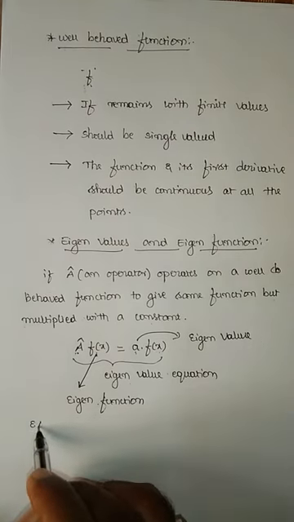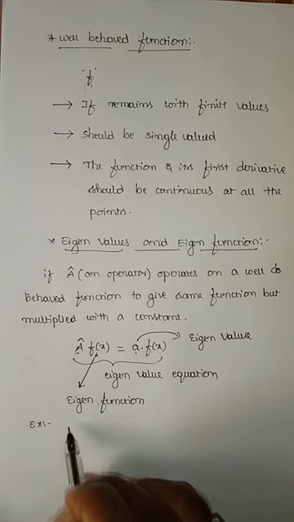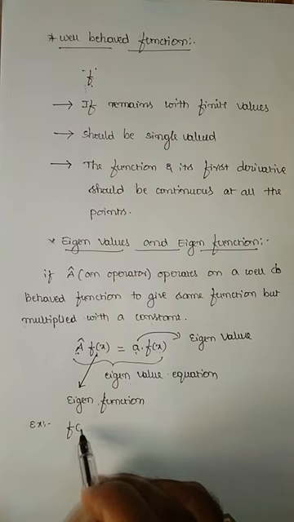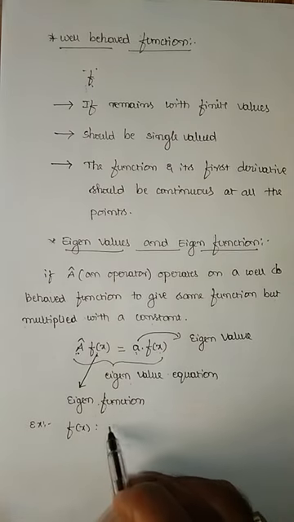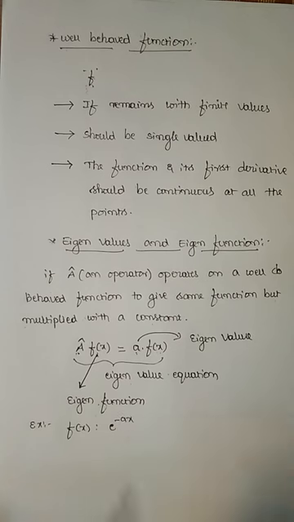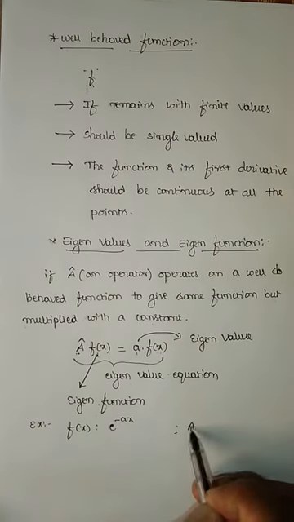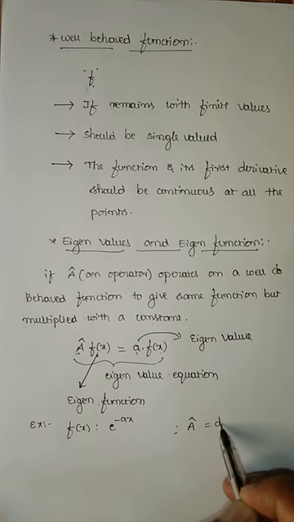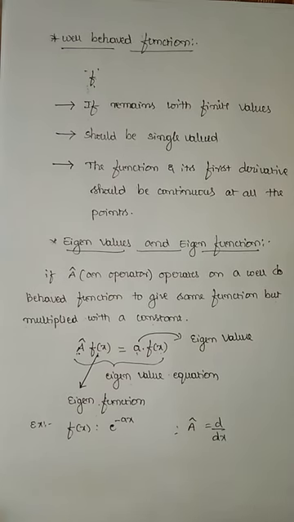So let me consider one example. Let me consider a function f of x equal to e power minus ax. This will be the function. And let me consider the operator A cap as d by dx. This is the operator which is acting on the function f of x, whose value is e power minus ax.